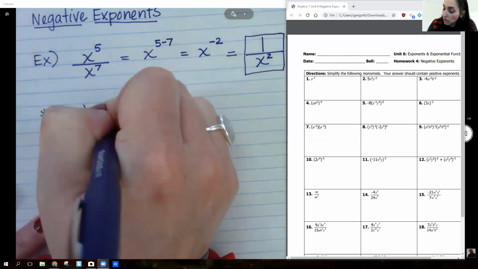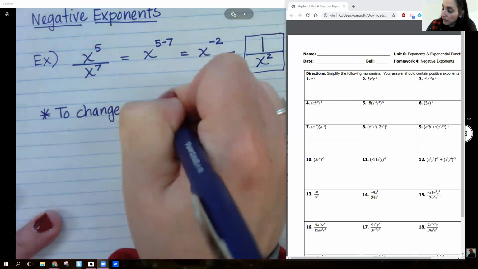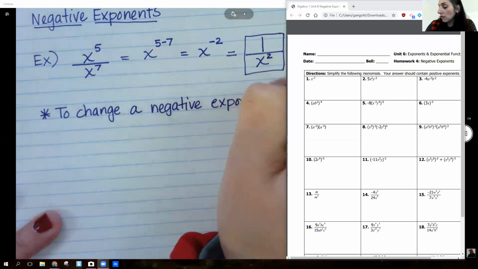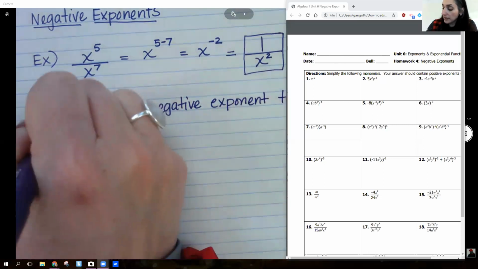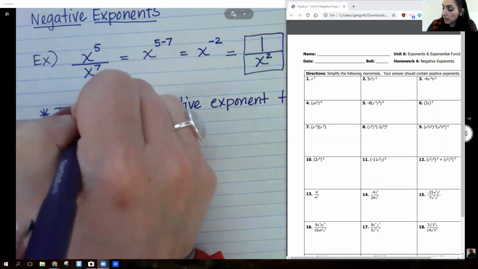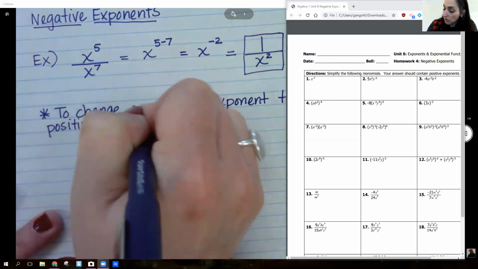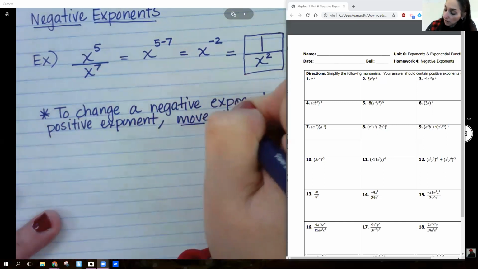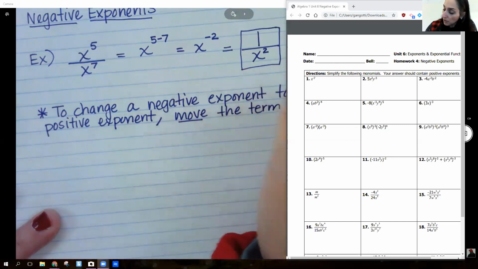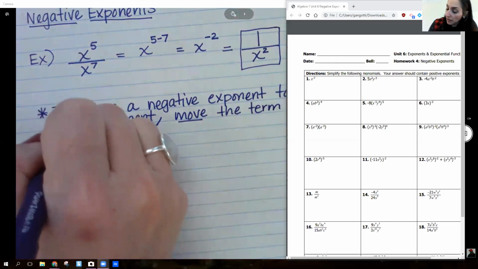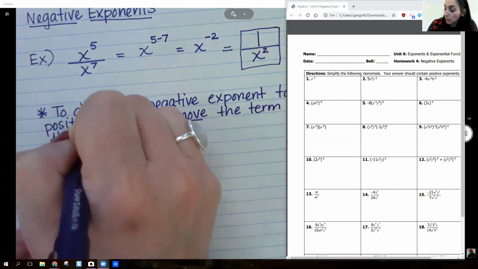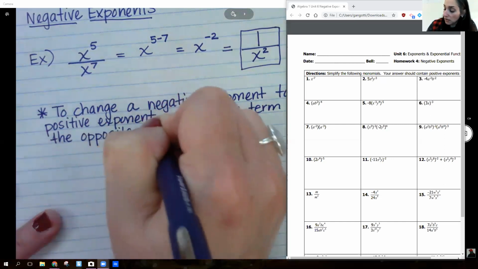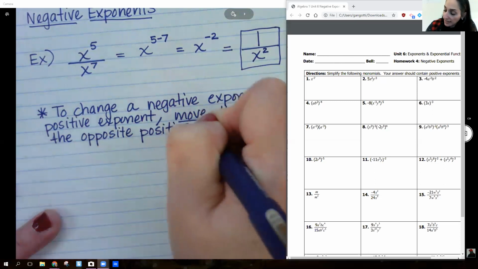To change a negative exponent to a positive exponent, move the term to the, I'm going to say opposite position, which in this case is the denominator.